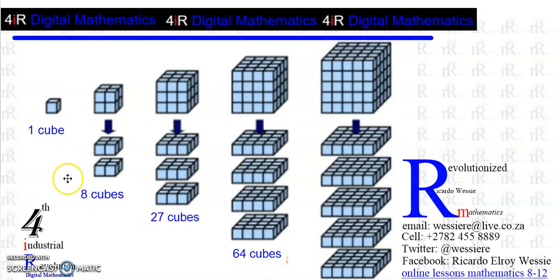So if I look at 1 cubed, it will be 1. 2 cubed, meaning 2 by 2 by 2 height. So that means there's a level of 4 and another level of 4 that gives me 8 cubes. 3 cubed means 3 times 3, so there's a base of 9.